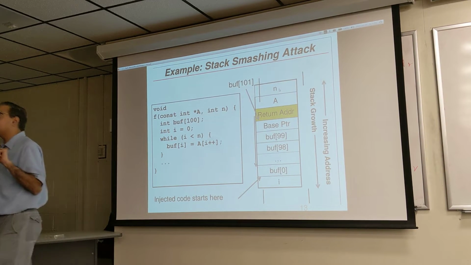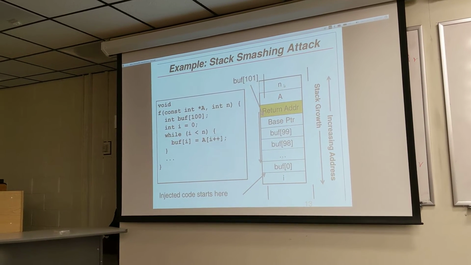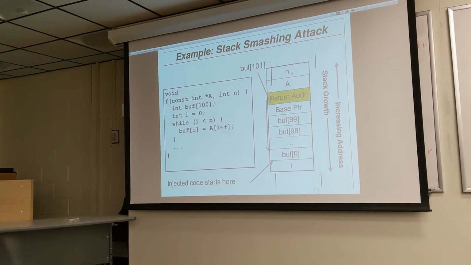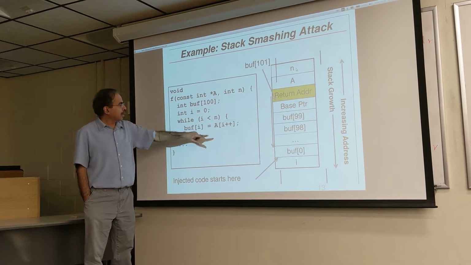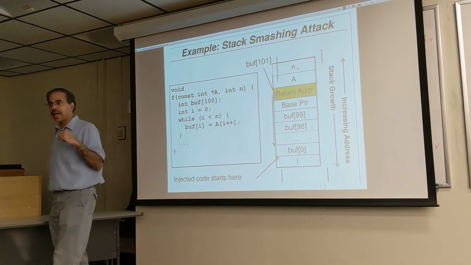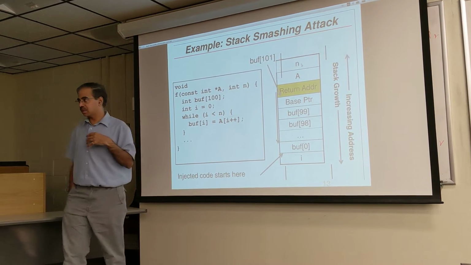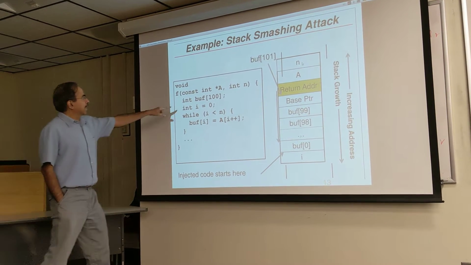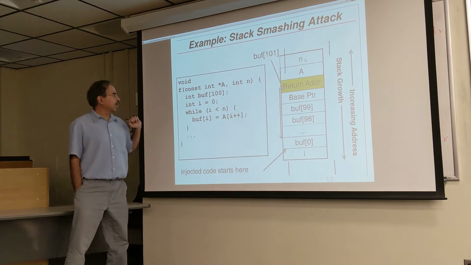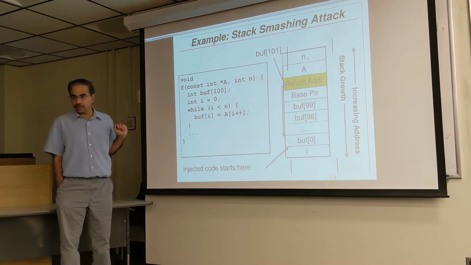In C, integer pointers and arrays are roughly the same thing, so you might pass in an integer pointer and then access it using an index as if it's an array, because an array is represented by its base address in C. So it has two parameters, and then it has a local variable, which is an array, and then another local variable, i.